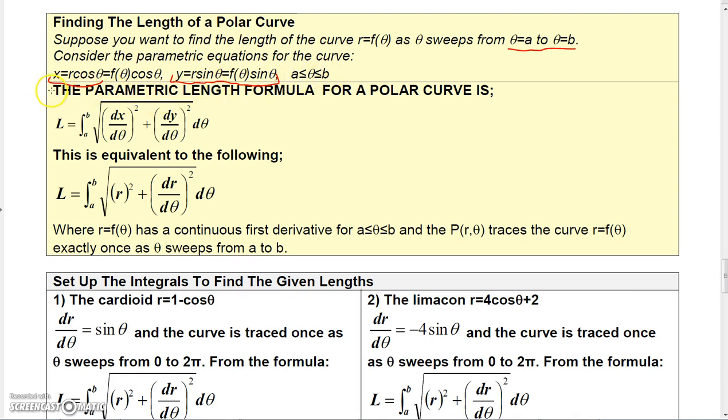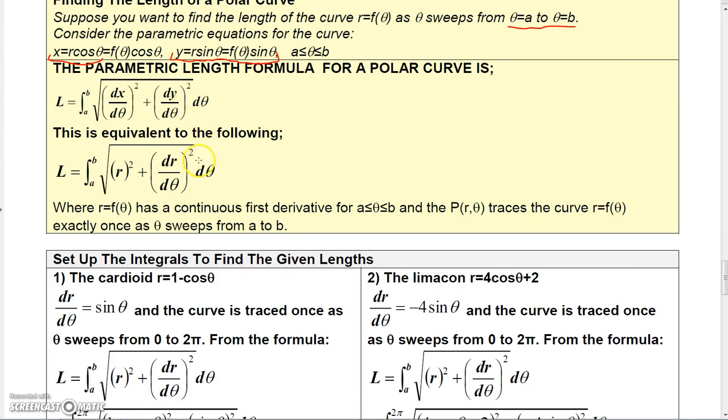Now, the formula for finding the length of a parametrized curve is L equals the integral from A to B of the square root of the derivative of x with respect to theta squared plus the derivative of y with respect to theta squared, d theta.